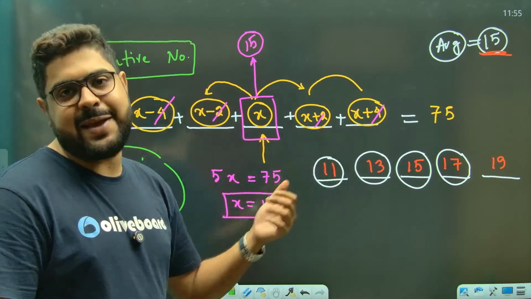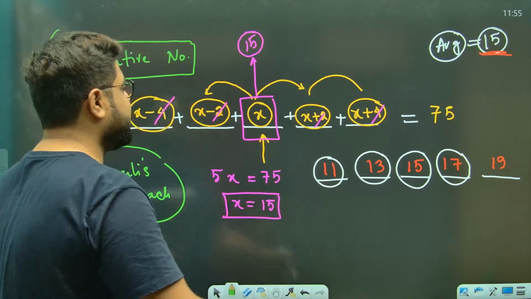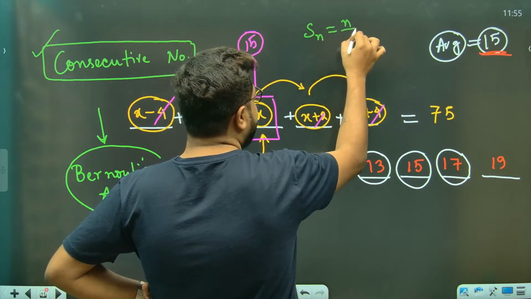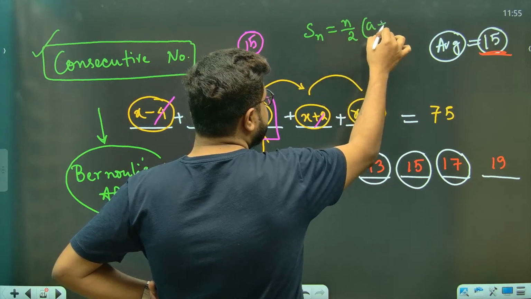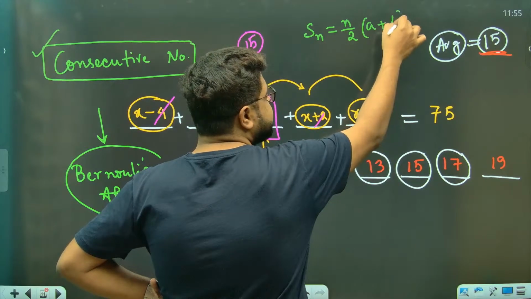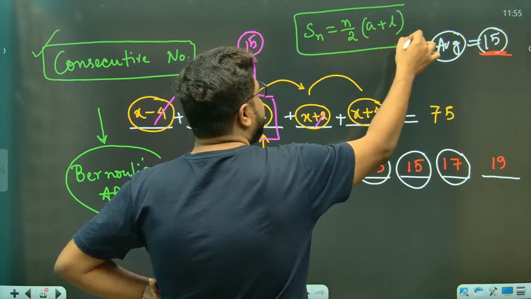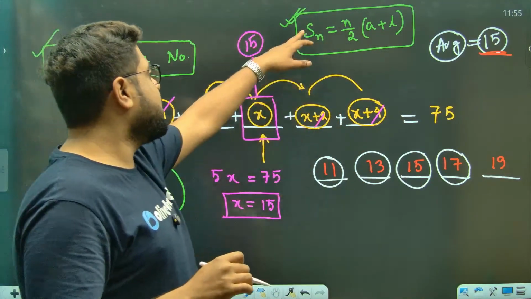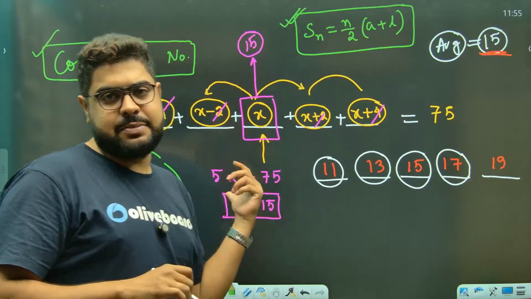When he discussed AP, you have a formula, na, Sn is equal to n by 2 into (a plus l), first term plus the last term. This AP sum formula was actually given by Bernoulli.